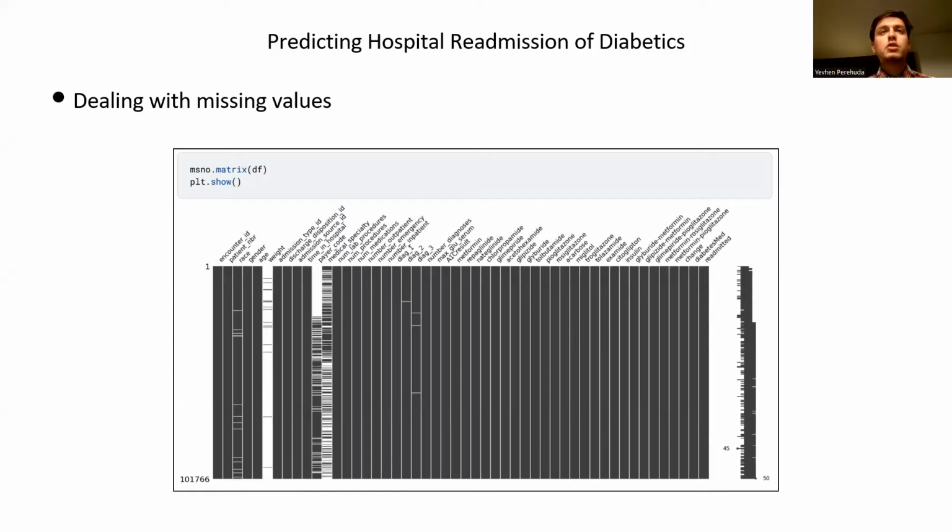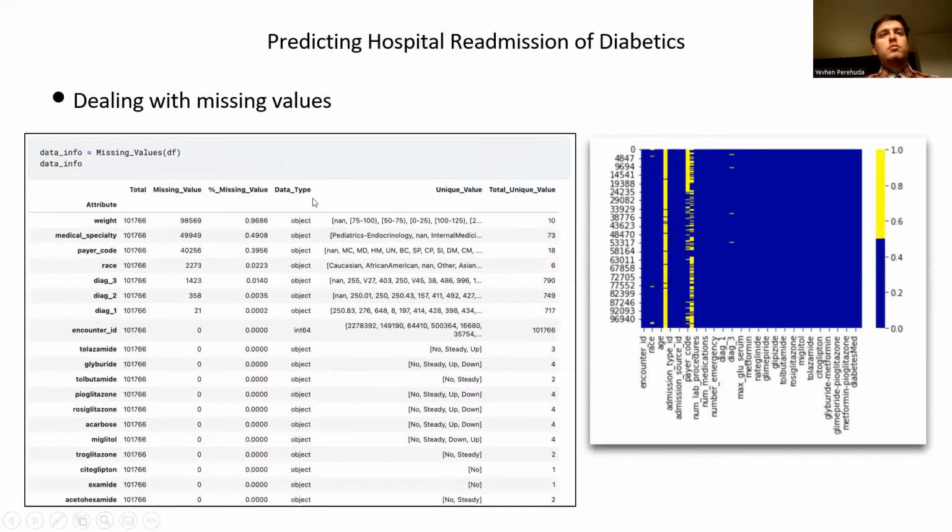Firstly, we need to check our data quality and repair it. You can see the heat map indicating missing values in our data set. As we can see, most of the weight values are missing, and for payer code the same.